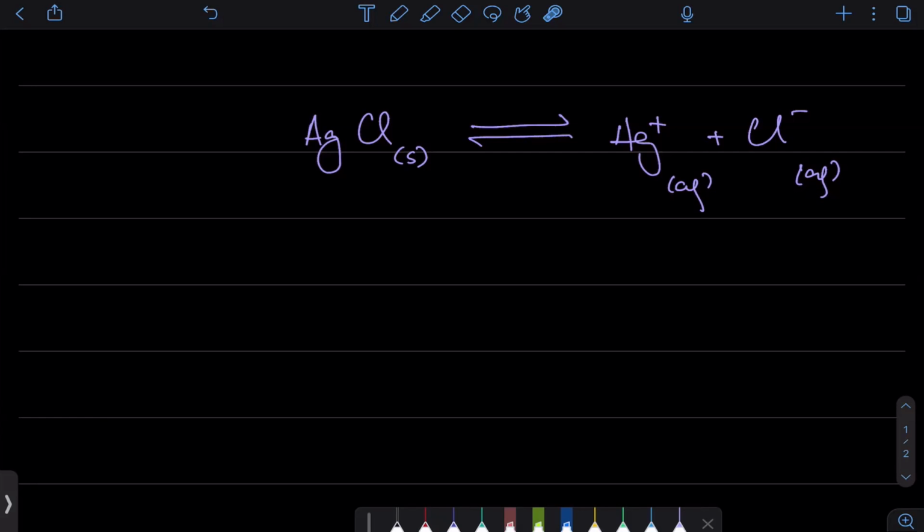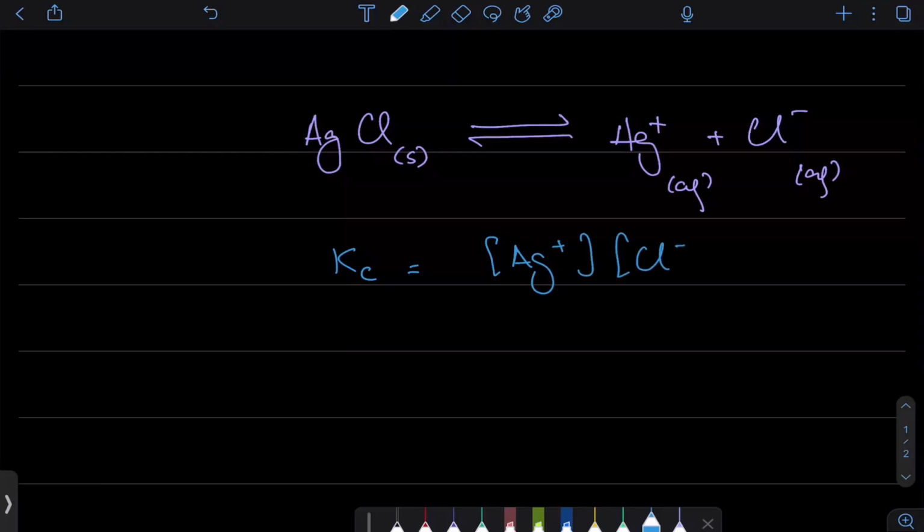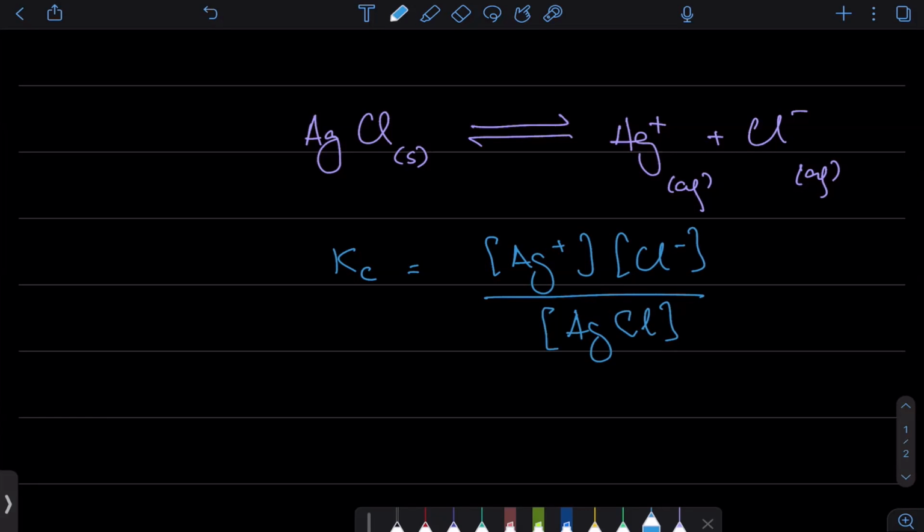And just like any other equilibrium, we can write the Kc for this, which comes out to be silver ions times chloride ions divided by silver chloride concentration. But here's the thing. It's a ridiculously insoluble salt, which means a very, very small amount of ions are going to be there.